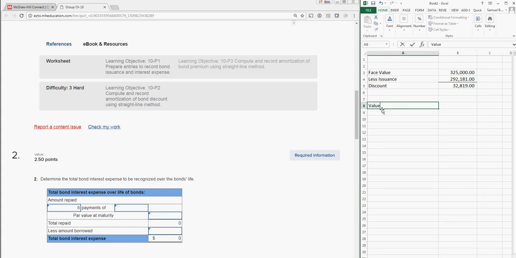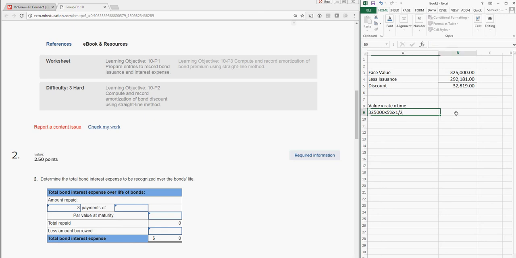It's going to be the value times the rate times some time period, correct? Remember the value when we calculate interest must always be the face value. So 325,000 times, we know that it's 5%, and then times however often we pay it. If the 5% is on an annual basis and we pay interest semi-annually, then we pay it twice a year, or we need to look at half of the amount.